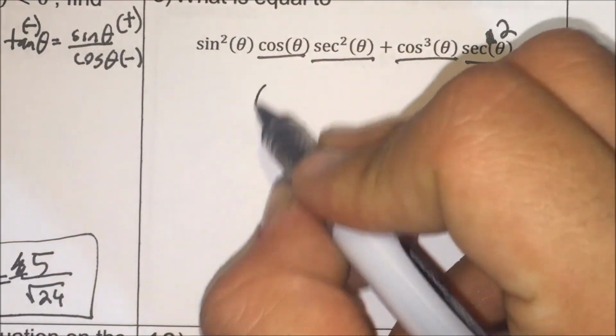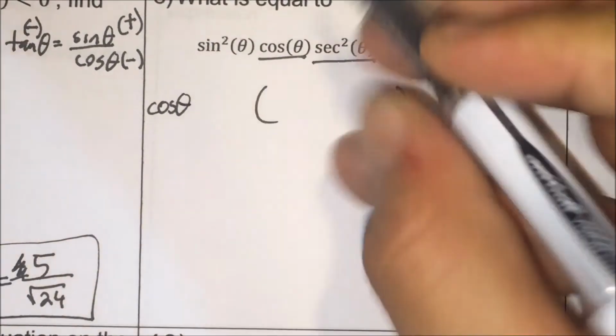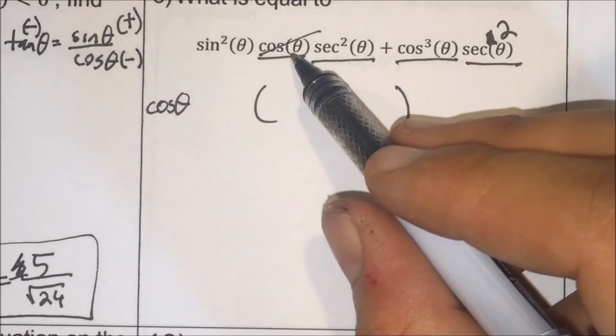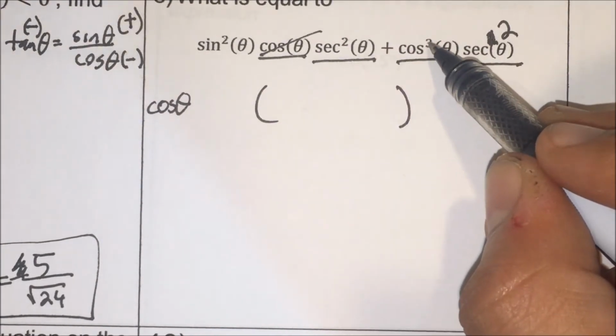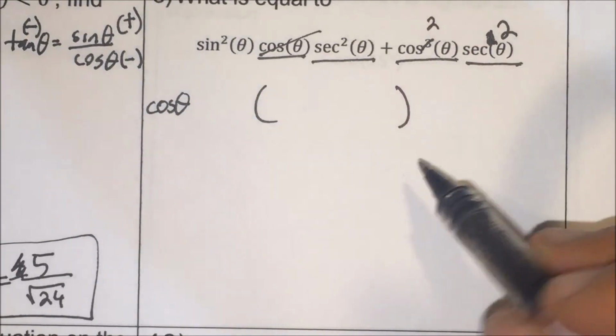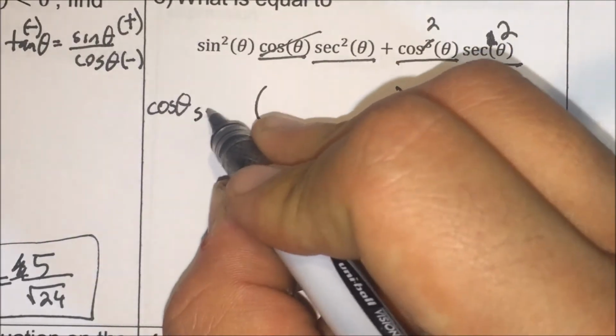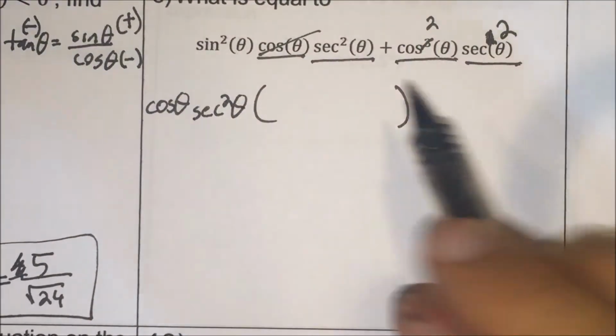Okay, so we factor everything that's in common out. Now, we create a parentheses. Now notice again that there is just one cosine, so we're only allowed to take out one cosine because this one only has 1. Because this one has 3 cosines, if we're taking one out, we're going to leave 2 there. And then we also pull out the secant squared because it's in both.